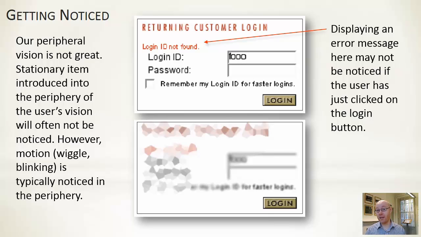Now, if we were displaying an error message, for example, the one here, login ID not found, and we display this away from the focal point, away from the login button, it's going to be in the peripheral vision of the user, and there's a risk that it may not be noticed. So displaying it outside of where you expect the user to be looking is potentially a recipe for things going unnoticed.